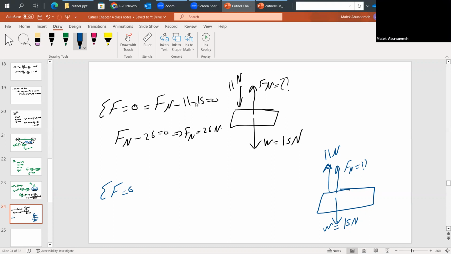It's in the y because you're in the y-axis. There's nothing on the x. So on this one, your normal force plus your 11 newtons minus your 15 is going to equal 0. That means your normal force minus 4 is going to equal 0. That means your normal force right now is going to be 4 newtons.